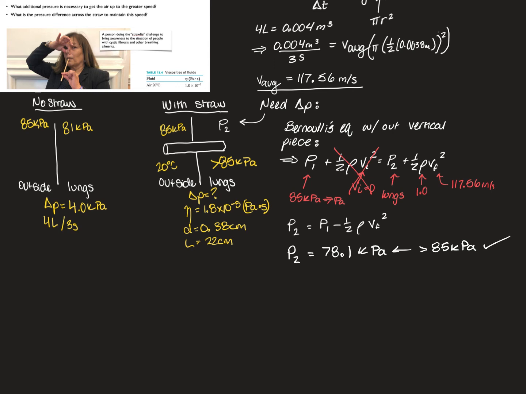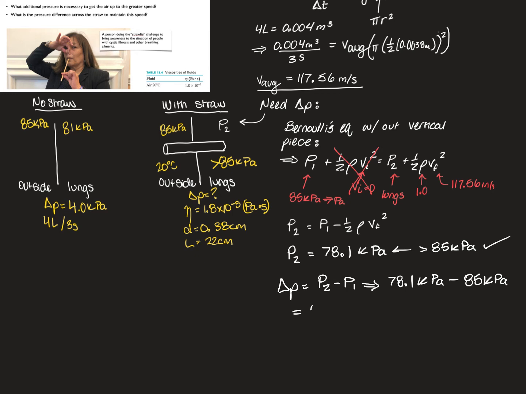Now, we need to find the pressure differential from the outside to the lungs, right? So delta P is just going to be P2 minus P1. P2 is 78 kilopascals, and P1 is 85 kilopascals.